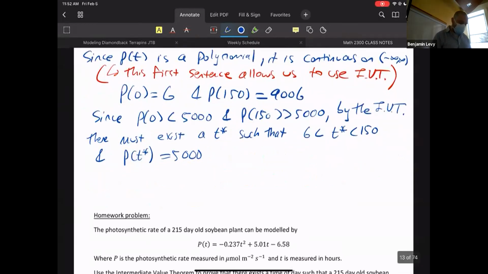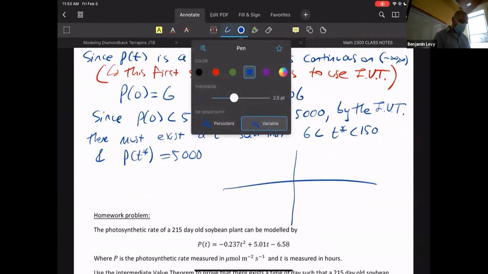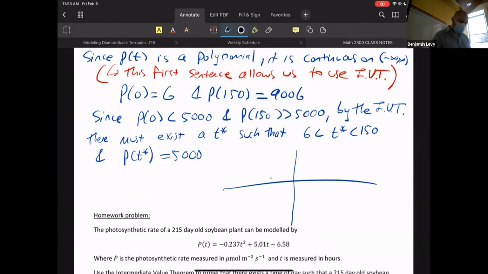And I love pictures, so I'm going to draw my last picture of the day here. We know this function looks something like this. Starts out at 6. And then somewhere down the line at 150, it's up here at 9,000.